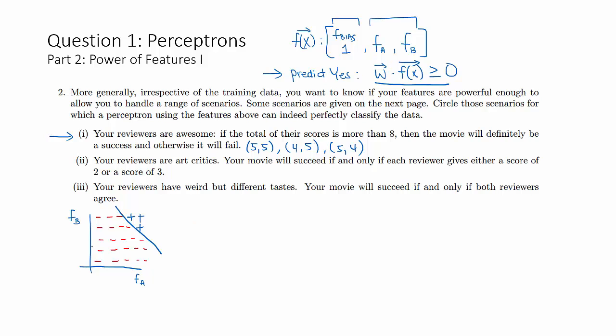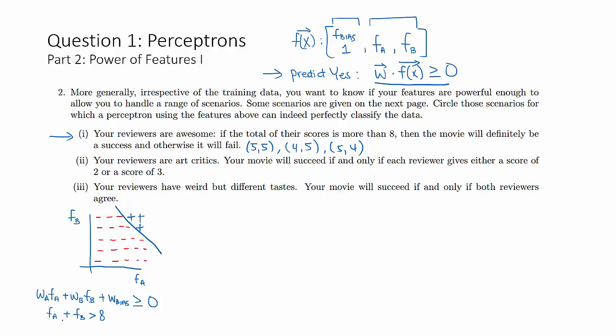By doing so, we have that the weight for critic A times the score for critic A plus the weight for critic B times the score of critic B plus the weight of the bias times the feature value of the bias, that's always 1, so we don't need to include that, is greater than or equal to 0. Based on this problem, we predict a positive class, that is, the movie will succeed, if the sum of the feature scores is greater than 8.